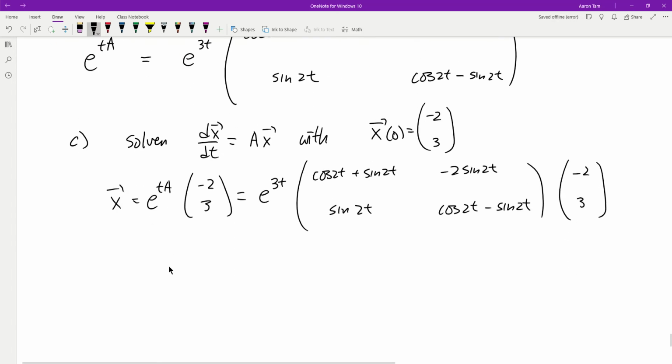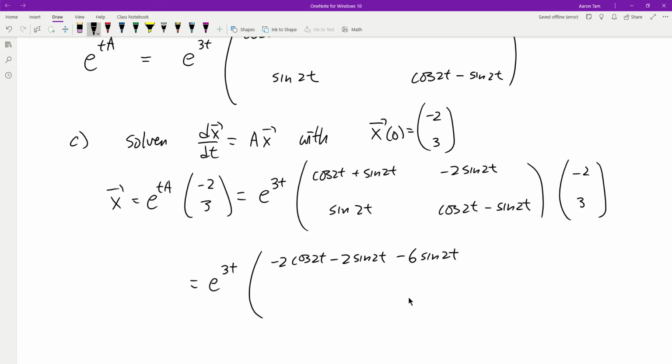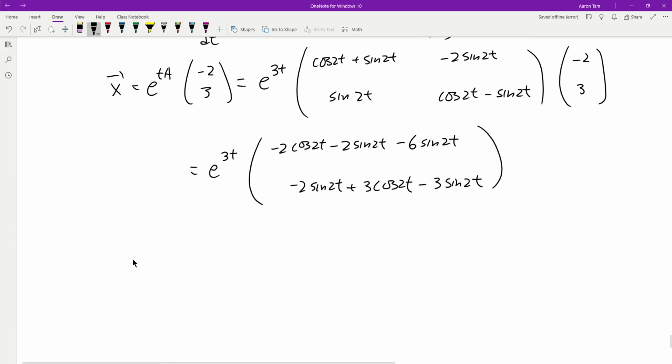So that equals e to the 3t multiplied by negative 2 cosine 2t minus 2 sine 2t minus 6 sine 2t. And this multiplied by this becomes negative 2 sine 2t plus 3 cosine 2t minus 3 sine 2t. Remember, there are only two terms here, cosine 2t and sine 2t. We just have to clean it up.